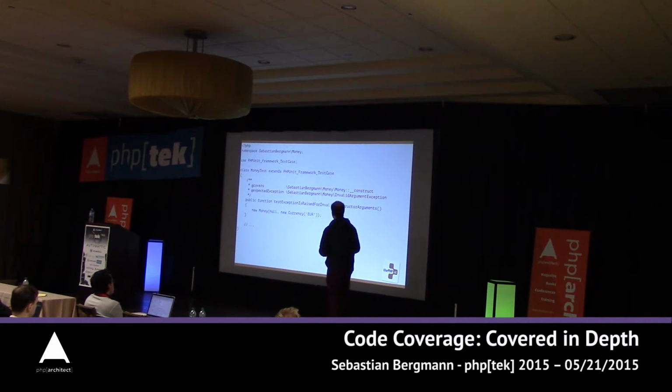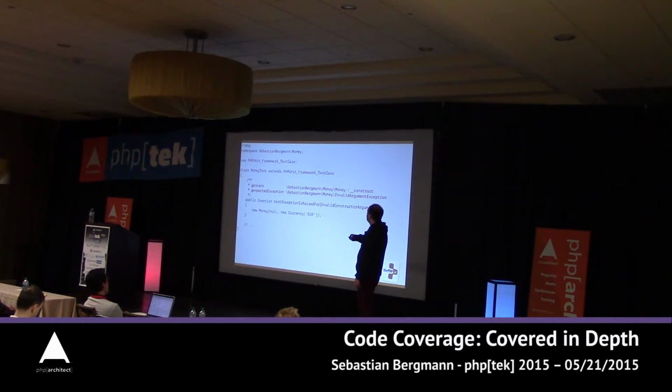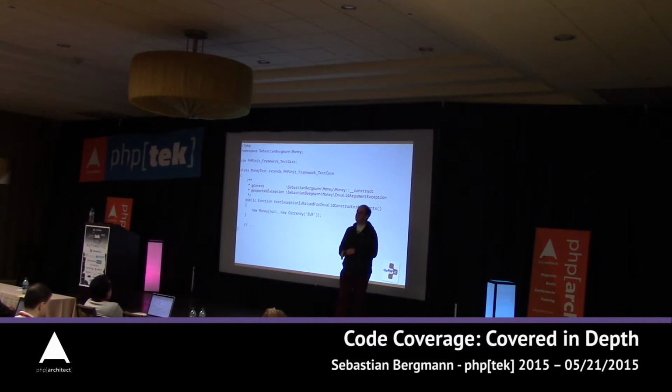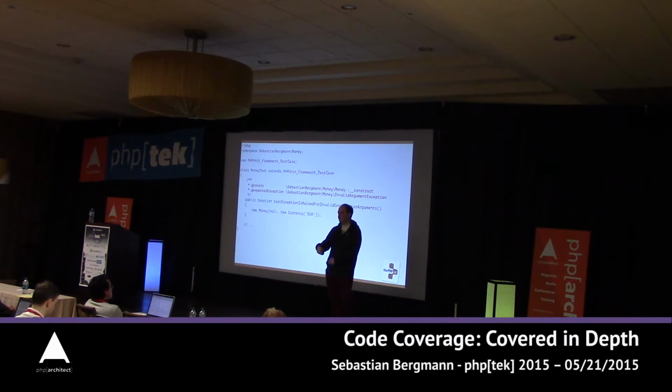So in this example, it says we are only interested in code coverage for the construct method of the Money class. And if there is other code that is being executed while this particular test is running, ignore the code coverage. I'm only interested to generate code coverage from this test for this particular method that I'm interested in testing.